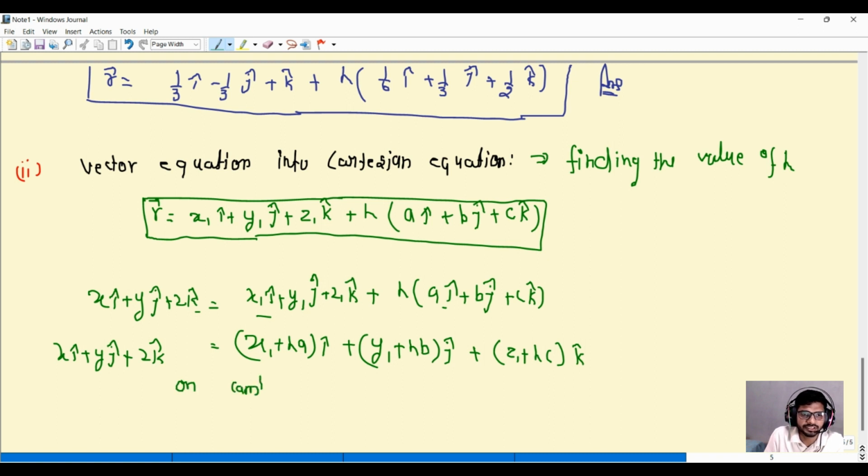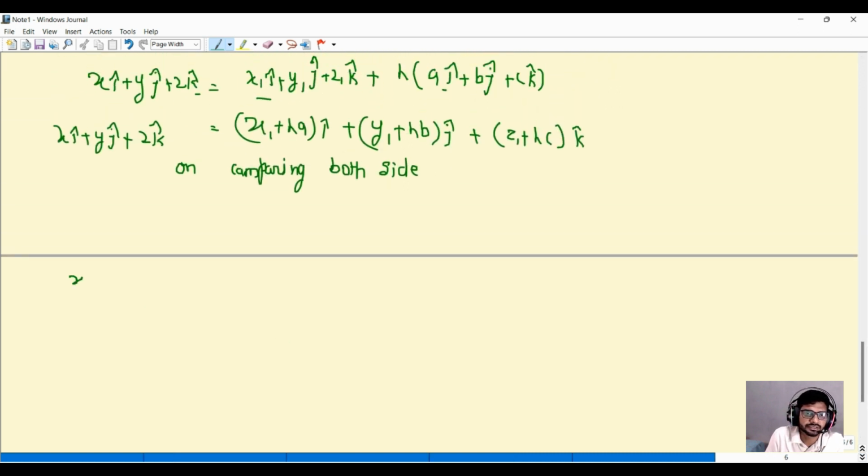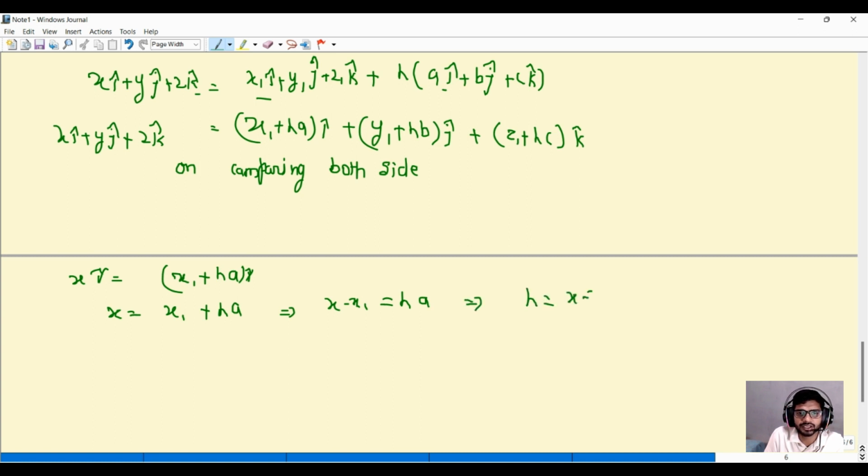On comparing both sides, what will be the equations? xi equals x1 plus lambda a times i. I will cancel out the i. Then x equals x1 plus lambda a. This gives x minus x1 equals lambda a, so lambda equals x minus x1 upon a.